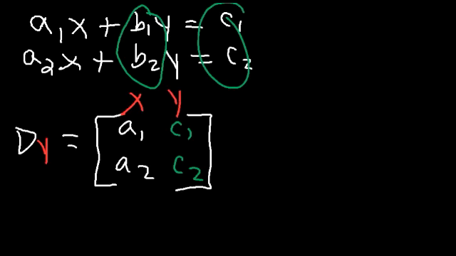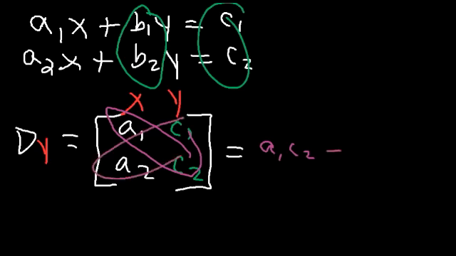So for dy, replace the coefficients of y with c1, c2, and make sure it goes on the right side. Now dy is equal to a1, c2 minus a2, c1.